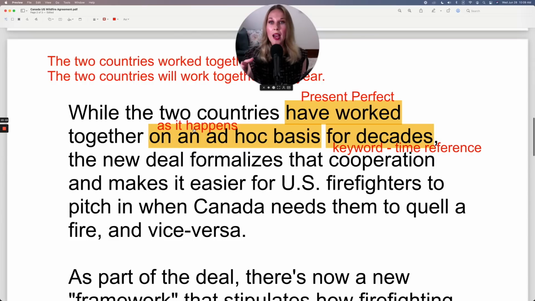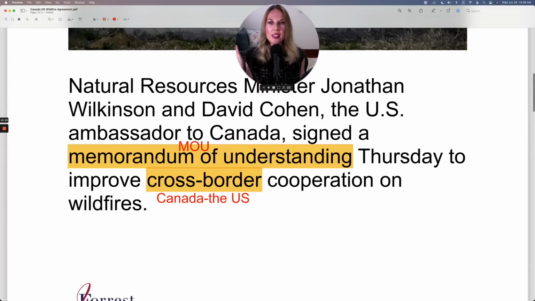So that is how the two countries worked in the past and continue to work now because of our present perfect. But it sounds like this memorandum of understanding will specify how the countries will work together, which means they will no longer be working on an ad hoc basis because the memorandum of understanding will tell them how they will work together.